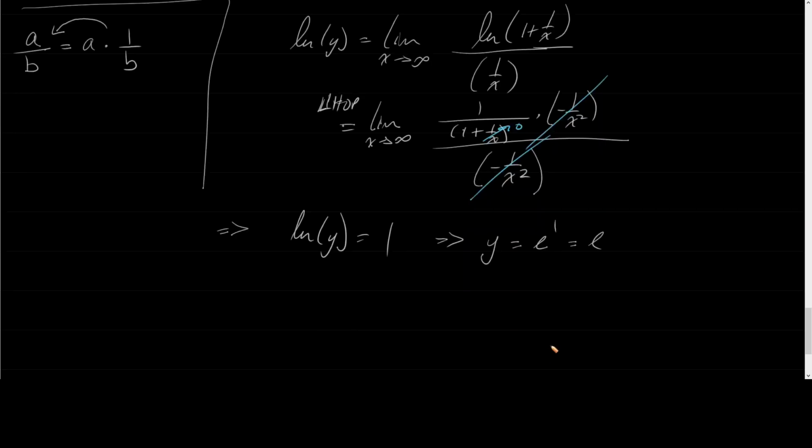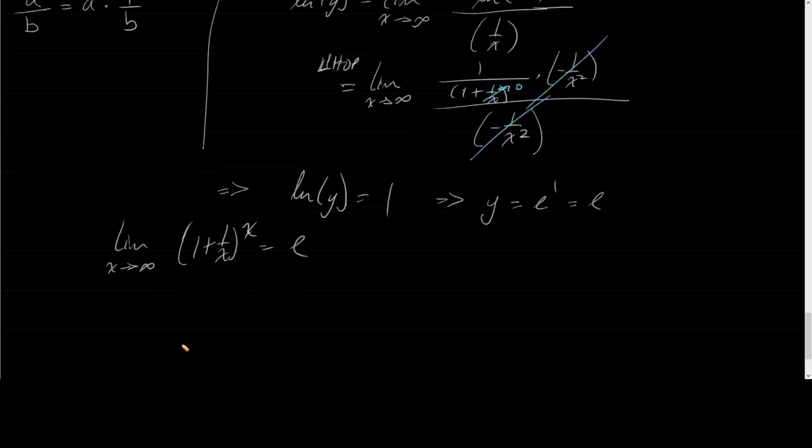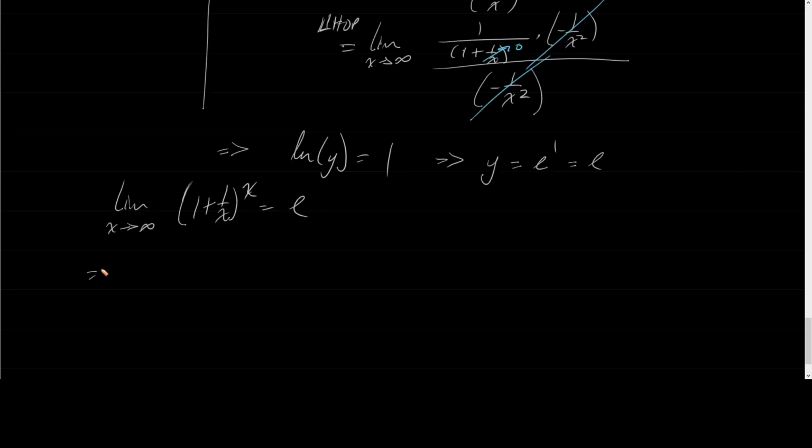So what we found here is that the limit as x goes to infinity of 1 plus 1 over x to the x is equal to e. But that's not the problem that we were asking about, right? What we were asking about was the limit as n goes to infinity of 1 plus 1 over n to the n.